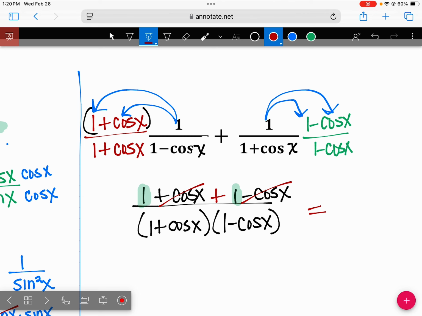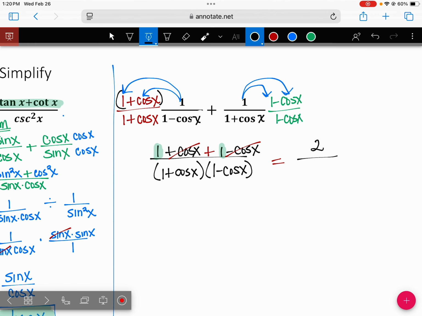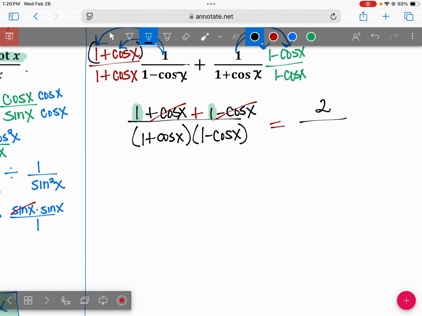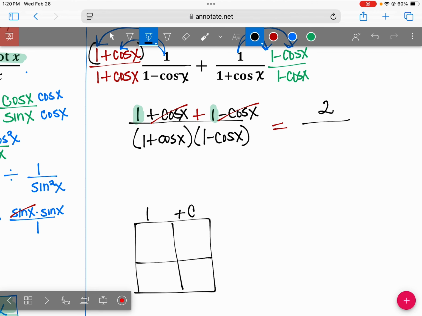All right, so here, if you know the pattern to multiply binomials, it's going to save you a lot of time. However, if you don't know it, then make your box and do it the old-fashioned way. We need to multiply our denominators. This is the difference of squares, by the way, going back to Algebra 1. So you might recognize what it is, but if not, just go the long way.